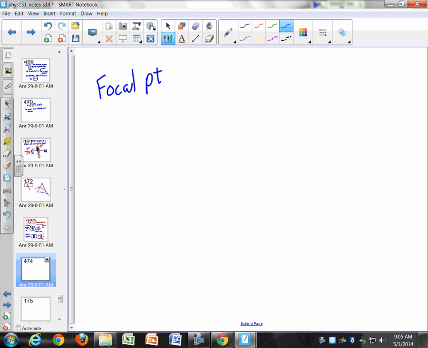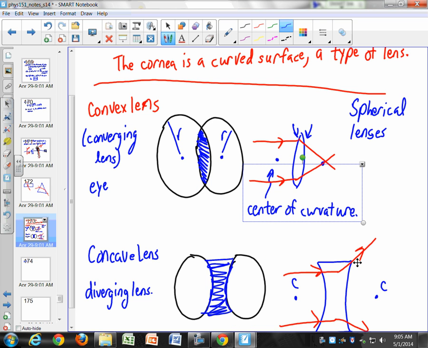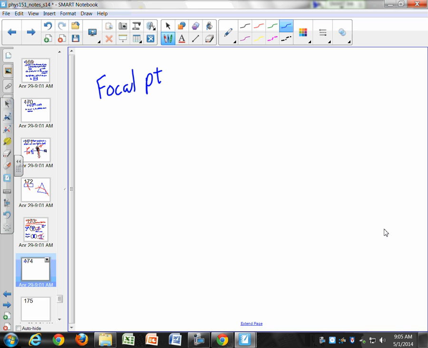I think I might have already defined the focal point in one way. Is that correct? Let me look back up here. No, I have not. All right, so we can define the focal point in two different ways. First, the focal point is 1/2 the center of curvature.